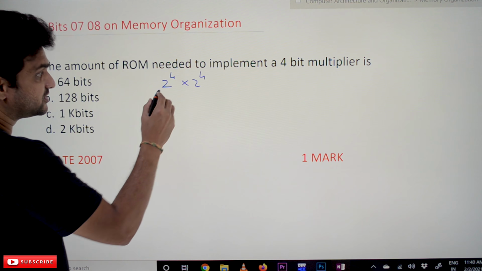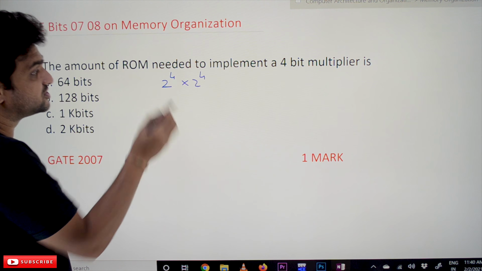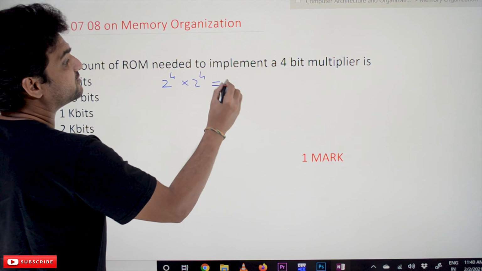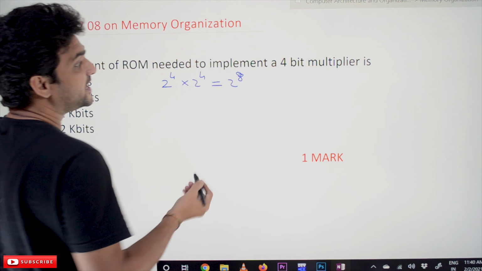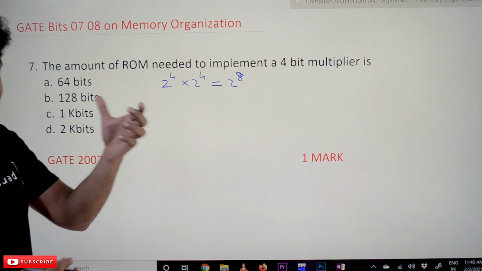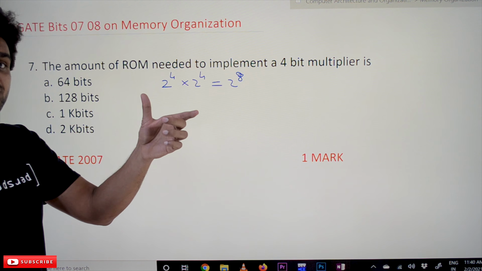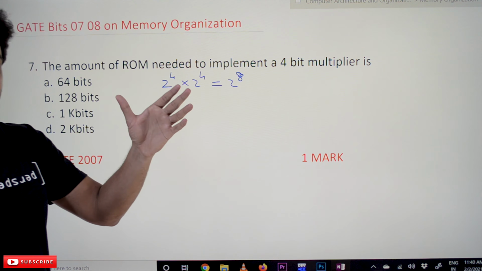So the number of different combinations possible with the two 4-bit inputs is 2 power 8, and after multiplying two 4-bit numbers, the maximum number that we are going to get is 8 bits.